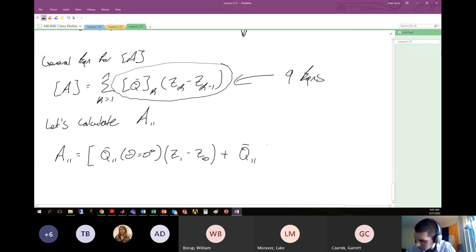This is Q bar 1, 1 evaluated for theta equals 45 degrees, because this is the orientation of the second layer. And this will be multiplied by Z2 minus Z1.